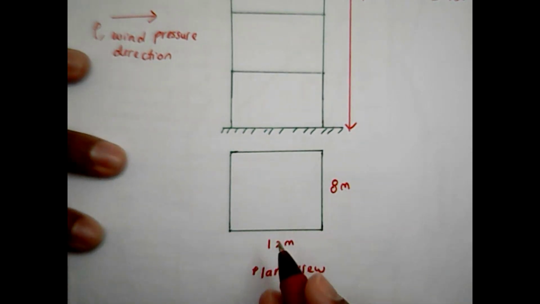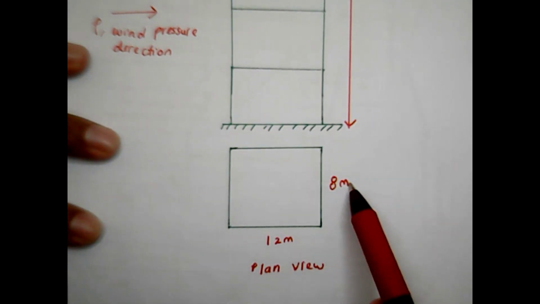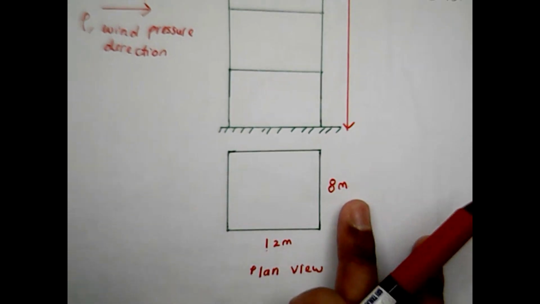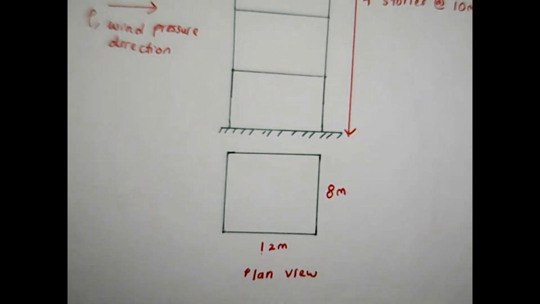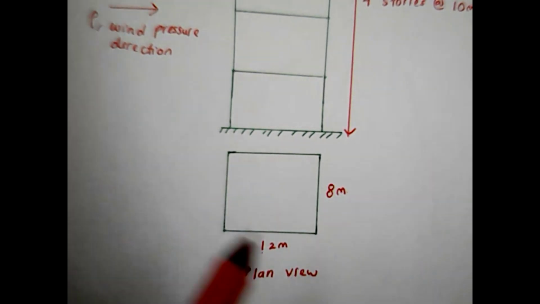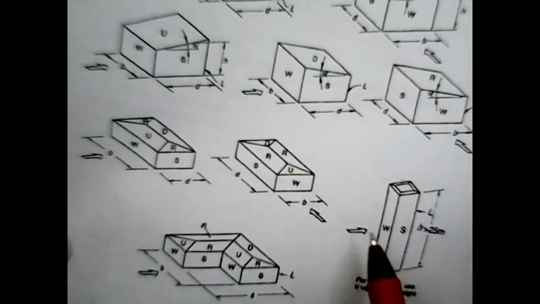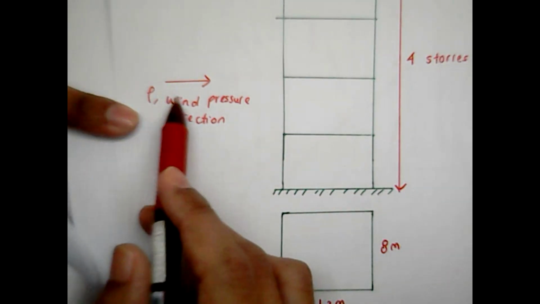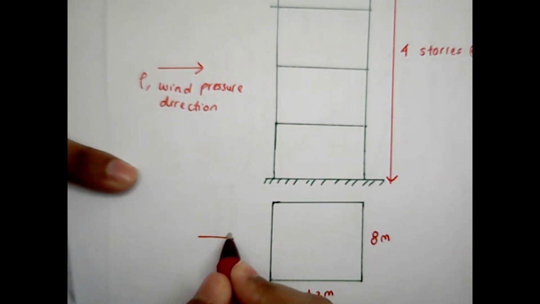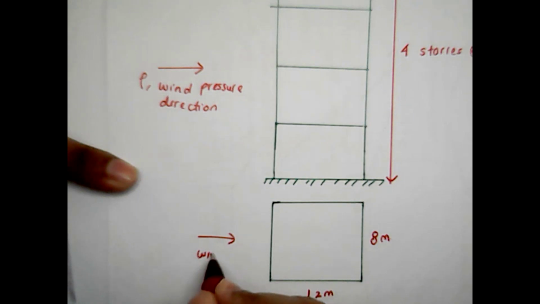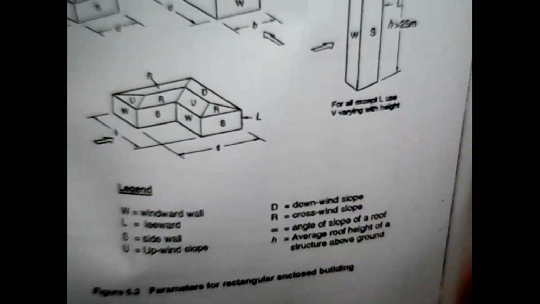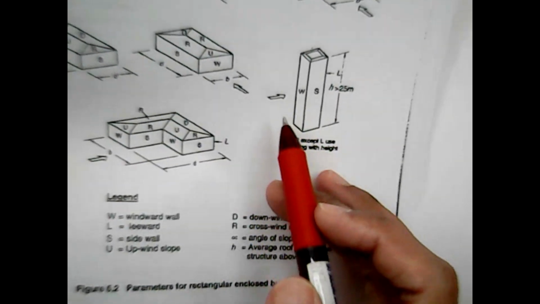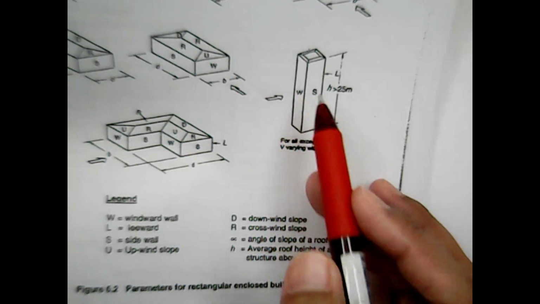Sometimes students are confused about how to define whether this is D or this is B. The tip is that you have to look at the figures. Where is your wind direction? In this case, this is your wind direction, so that is the windward.